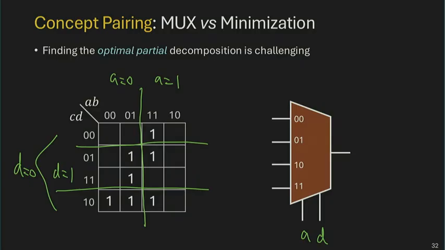So a0, d0, that is the function of c. This is sub-expression of c. So a equals 0, d equals 1, that's an expression of b. Right. I think I should do some color coding. And that is b. The first one corresponds to c.